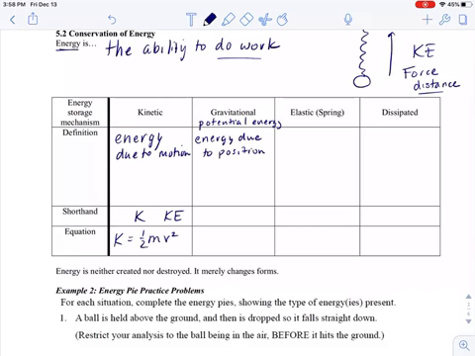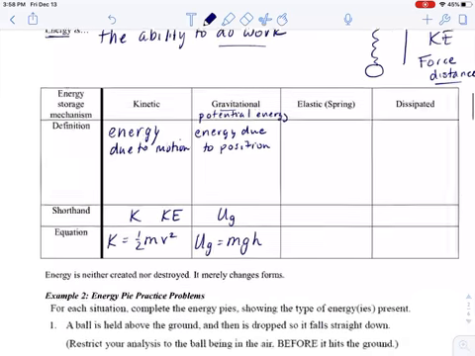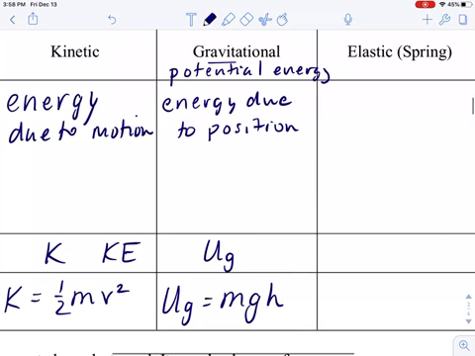So if I lift an object and then drop it, when I lift it, I give it gravitational potential energy, and when I drop it, that gravitational potential energy is converted into kinetic. The symbol for gravitational potential energy is U with a subscript of G to indicate gravitational, and the formula is mgh.